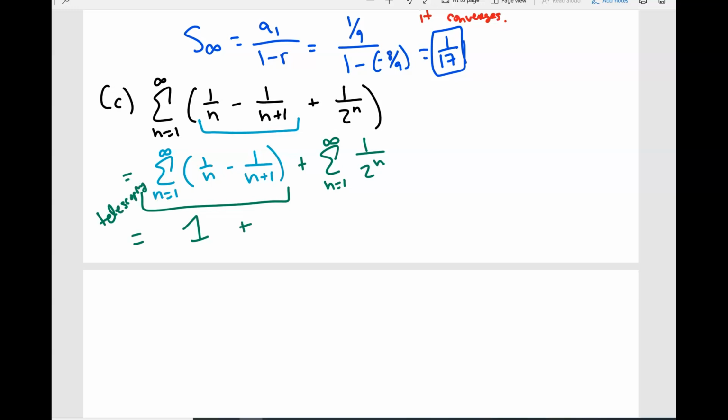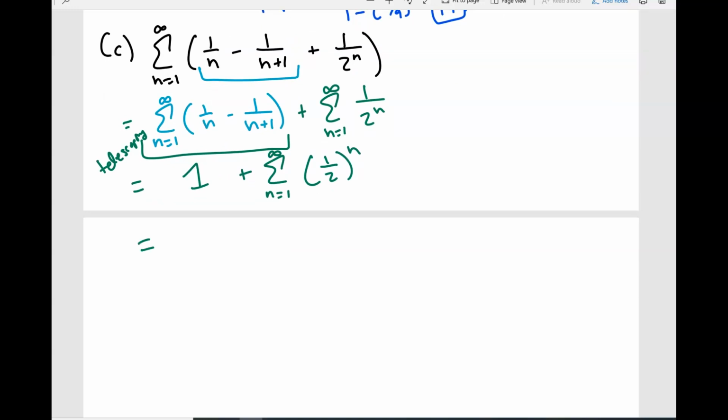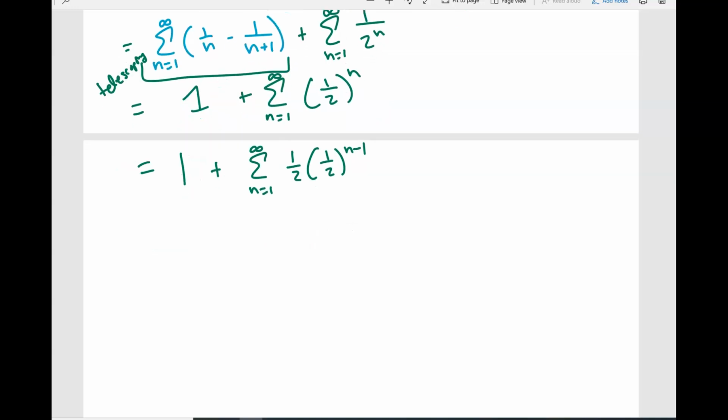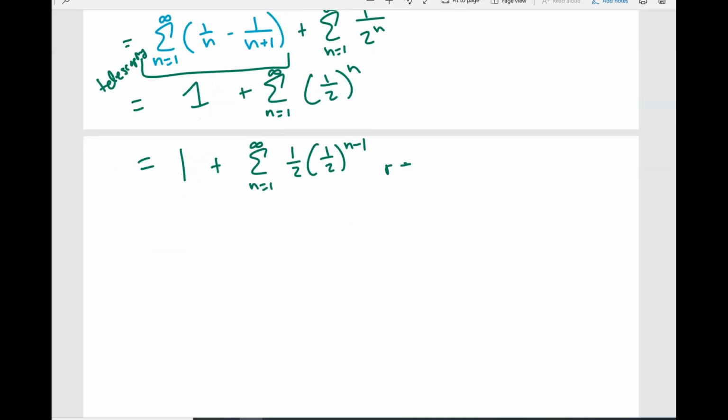This guy right here is actually a geometric sequence. So it's going to be the summation from n equals 1 to infinity of 1/2 to the power of n. So this is going to be equal to 1 plus the sum from n goes from 1 to infinity of 1/2, pull 1/2 out, so 1/2 to the n minus 1. So you know that this is going to converge because r, which equals 1/2, is less than 1.